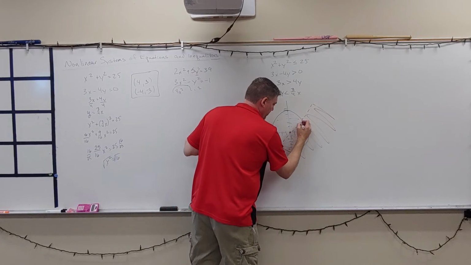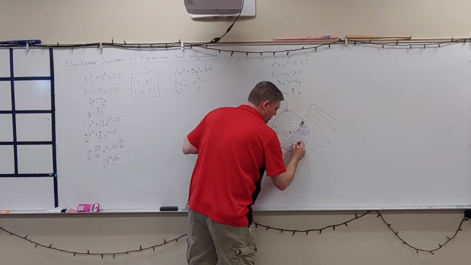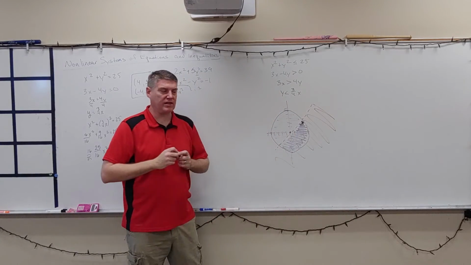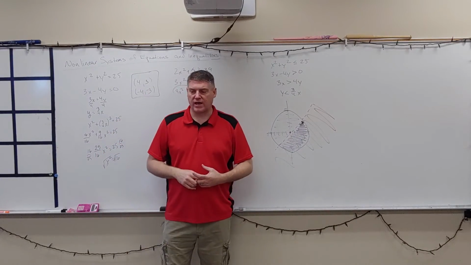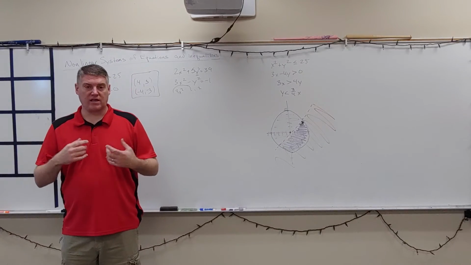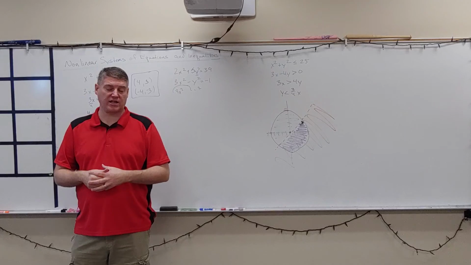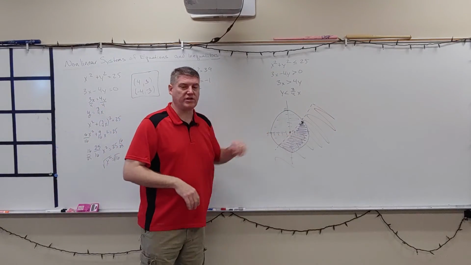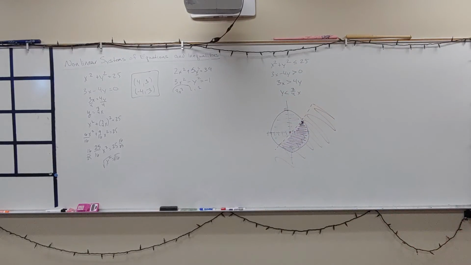So we're looking at this whole section of that circle and the line, that half of the circle. So that's looking at systems of nonlinear inequalities. We're going to find points of intersection, and we're going to find where the regions overlap.